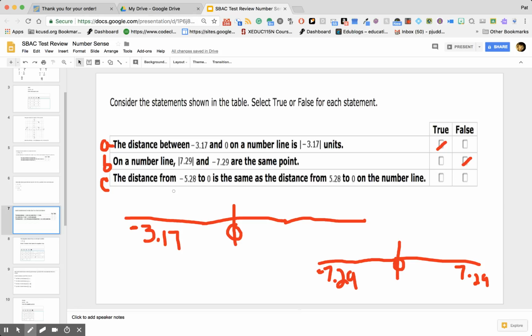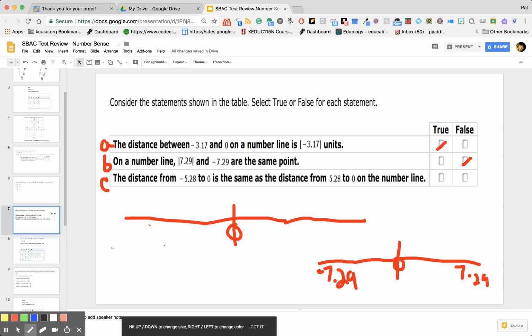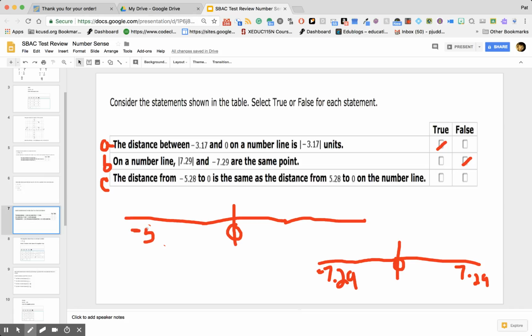The distance from negative, let me change this here, use the same number line, -5 and 28/100ths to 0 is the same as the distance from 5 and 28/100ths to 0 on the number line. So here's 5 and 28/100ths.